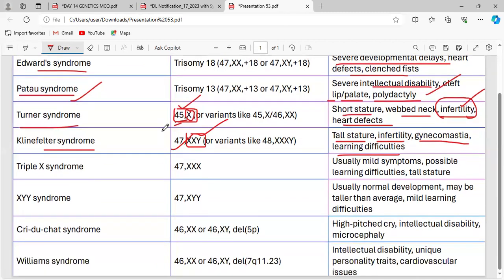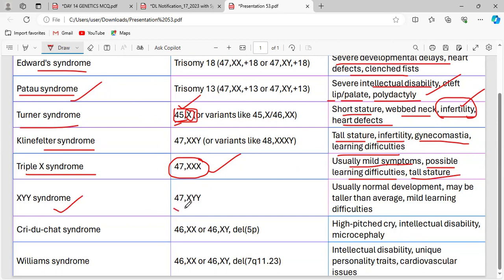Gynecomastia is related to a gender problem, because female features are also there, male too. That is Klinefelter syndrome. And triple X syndrome, once again it results in the sex chromosome. Here, mild symptoms, possible learning difficulties, a tall stature. These are the characteristic features in triple X syndrome.